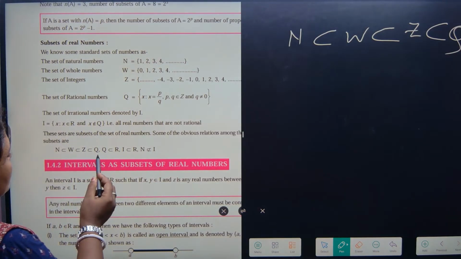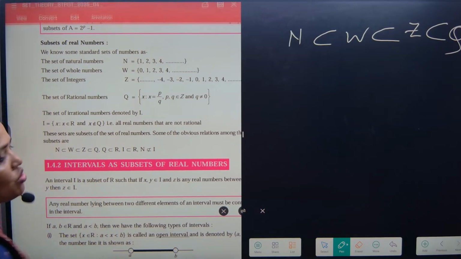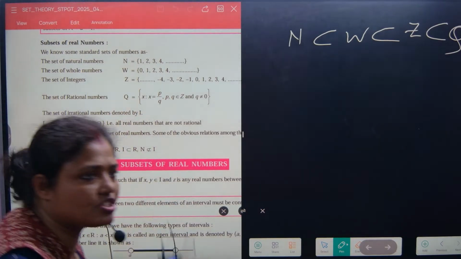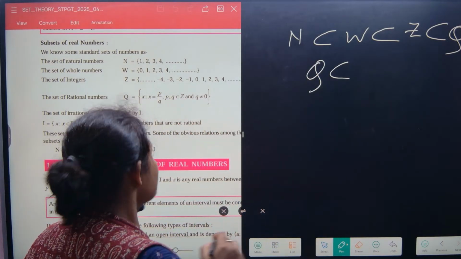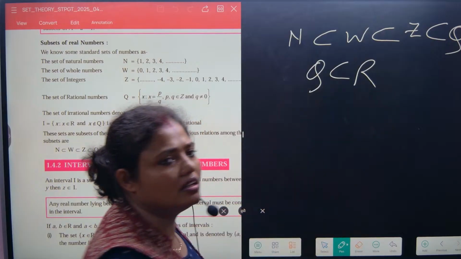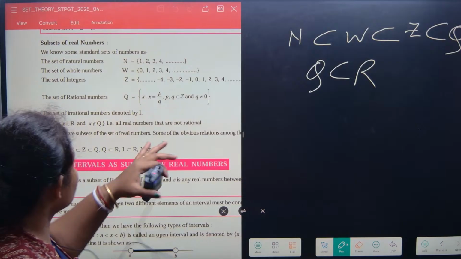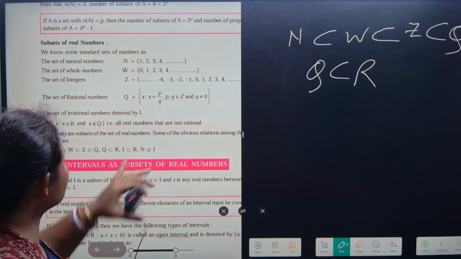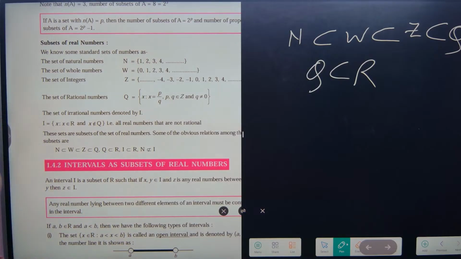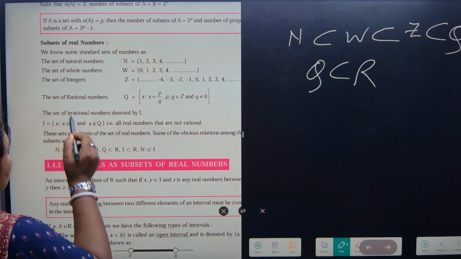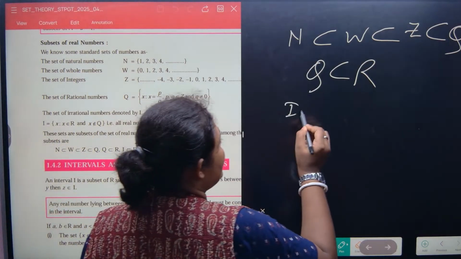In a similar manner, Q is a subset of R. All rational numbers are a subset of the real line, the real numbers, right? Next, I is included in R, right? What is I? Irrational numbers.